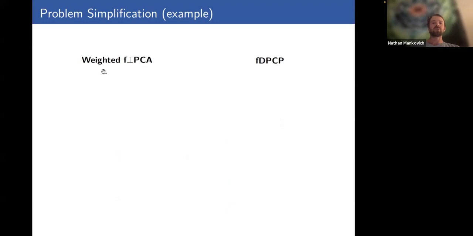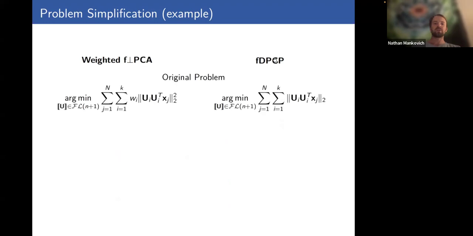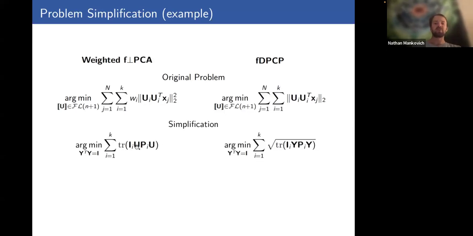So here's the least squares version. Here's the L1 norm version. So you have these optimization problems. Again, no need to look at them too carefully. There's a square here. There's no square here. You simplify it to a problem over the Stiefel manifold by playing around with sums.